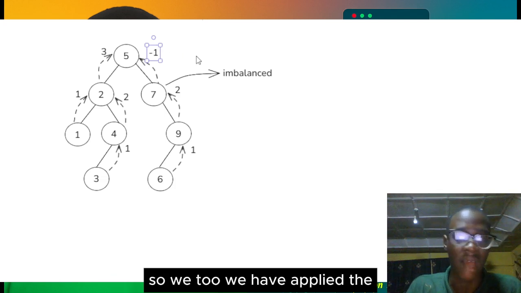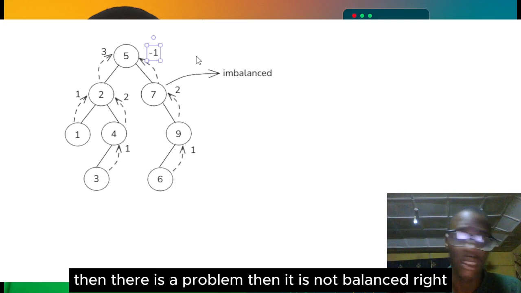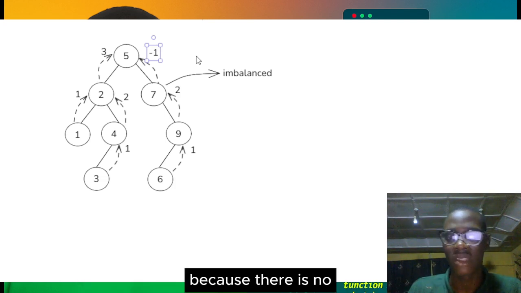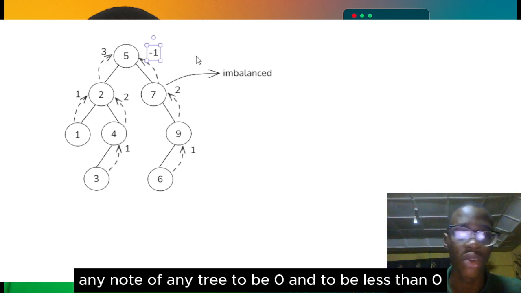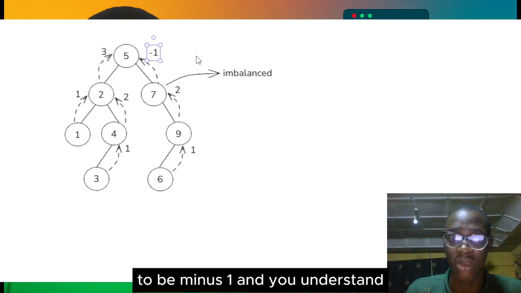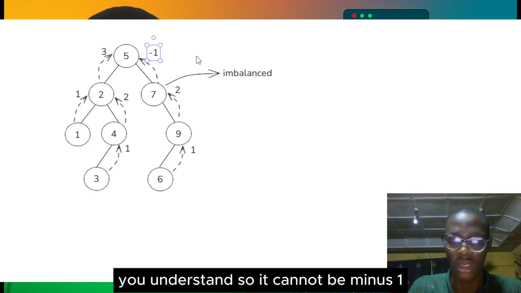So we apply the condition that if it is minus 1, then there is a problem, it is not balanced, right? Because there is no way the height of any node of any tree can be less than 0, like minus 1. You understand? It is either 0 or 0 upward, so it cannot be minus 1.